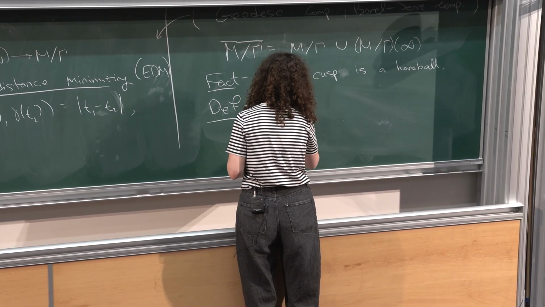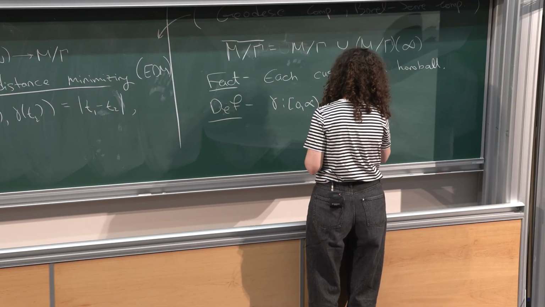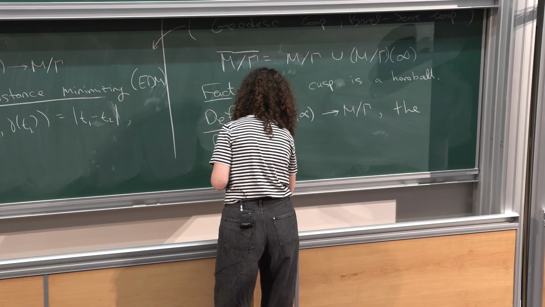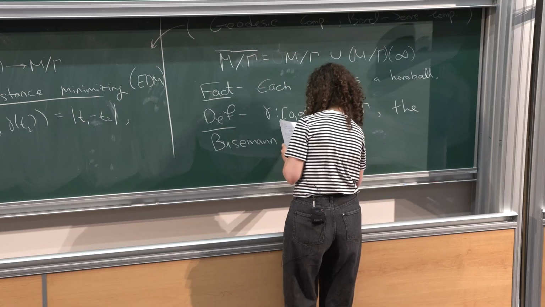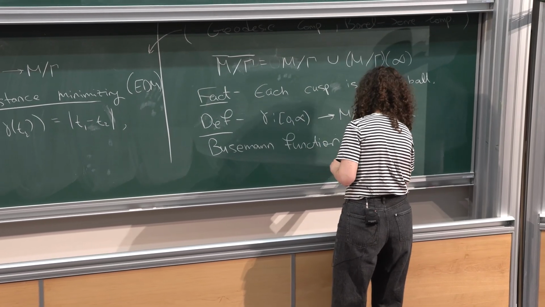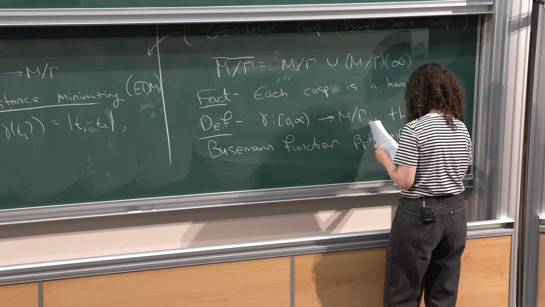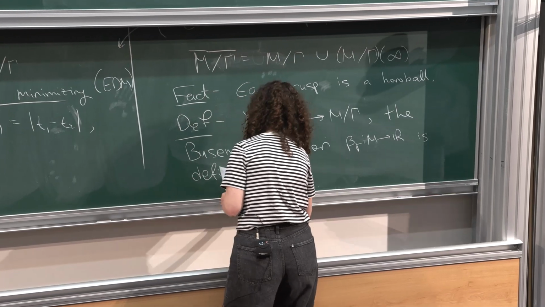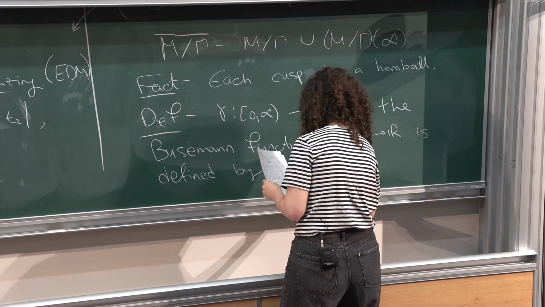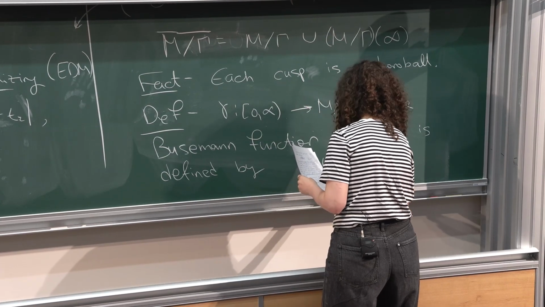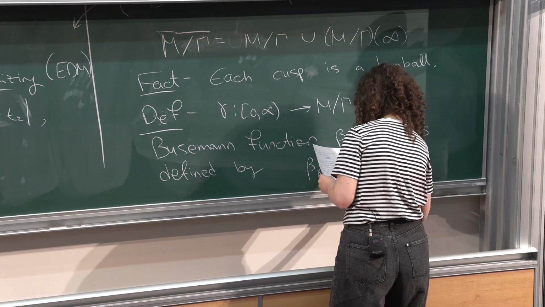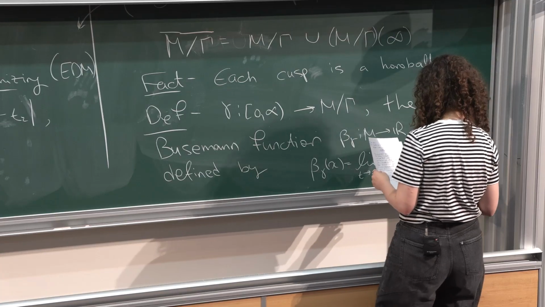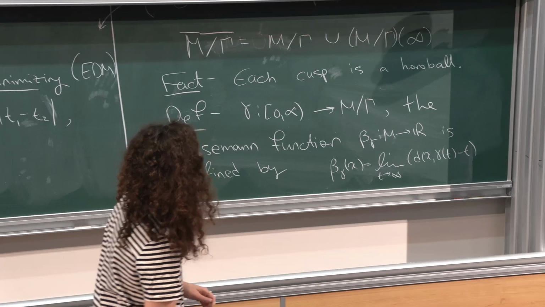If we have some geodesic ray, then the Busemann function from M to R.